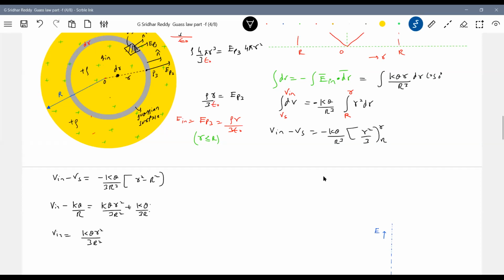This if I send on this side, and minus. This will be negative, no? Sir, it is R cube by 3, not R square by 3. R cube, oh yeah, fine. R cube by 3.